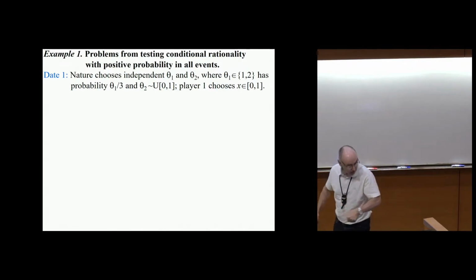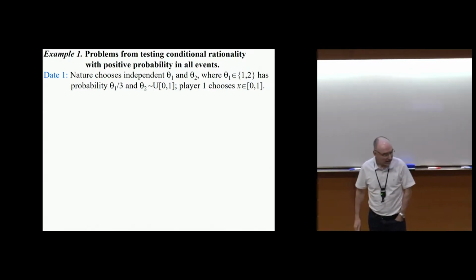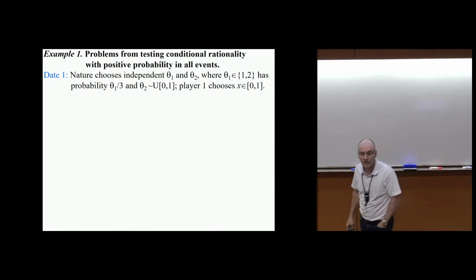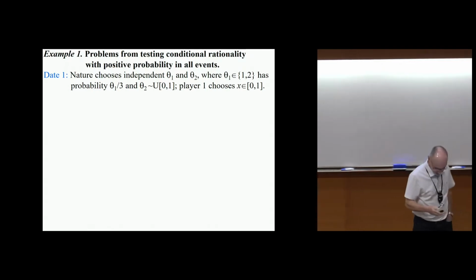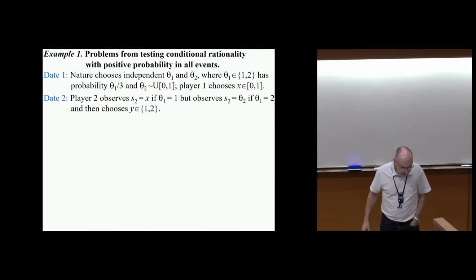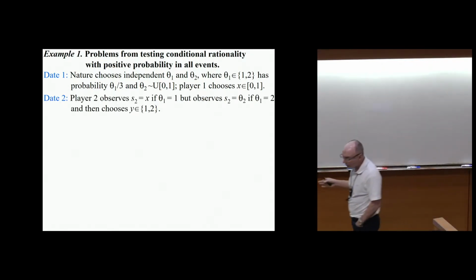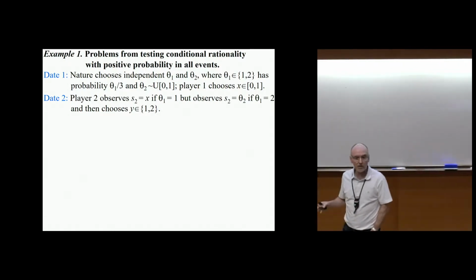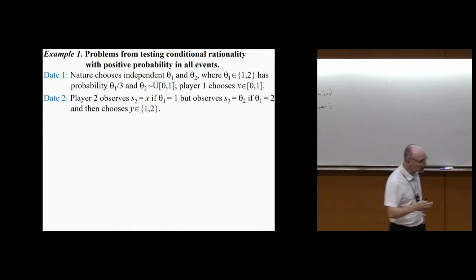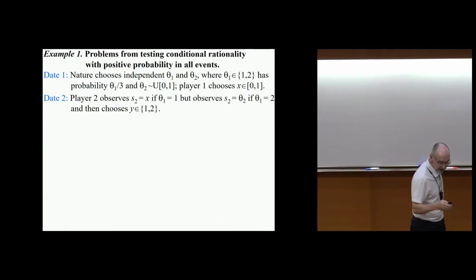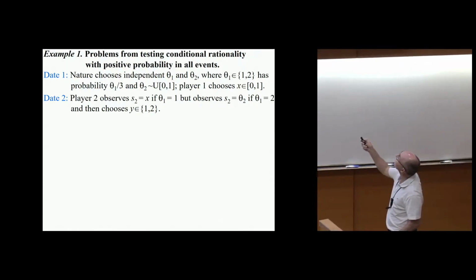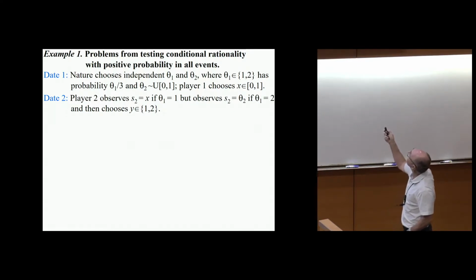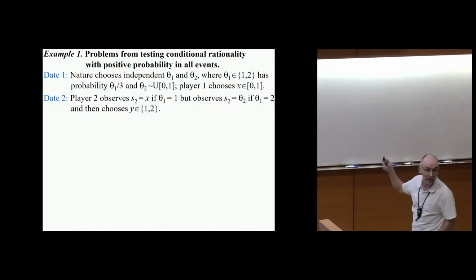And that's chosen at date 1. Player 1 chooses x, a real number between 0 and 1. So all of this happens at date 1 simultaneously. Date 2, now player 2 is going to observe a real number. Now notice there are two real numbers that were chosen at date 1. One of the real numbers was chosen by nature, her second coordinate. The other real number between 0 and 1 was chosen by player 1.